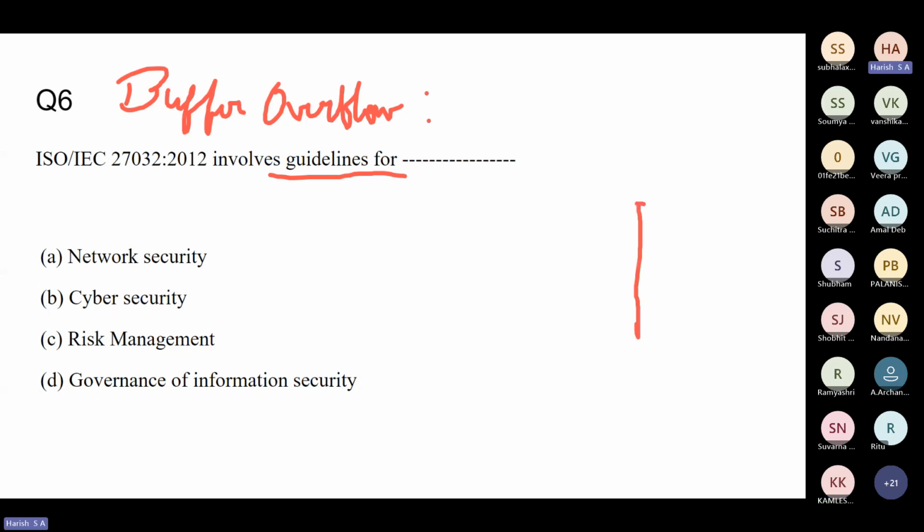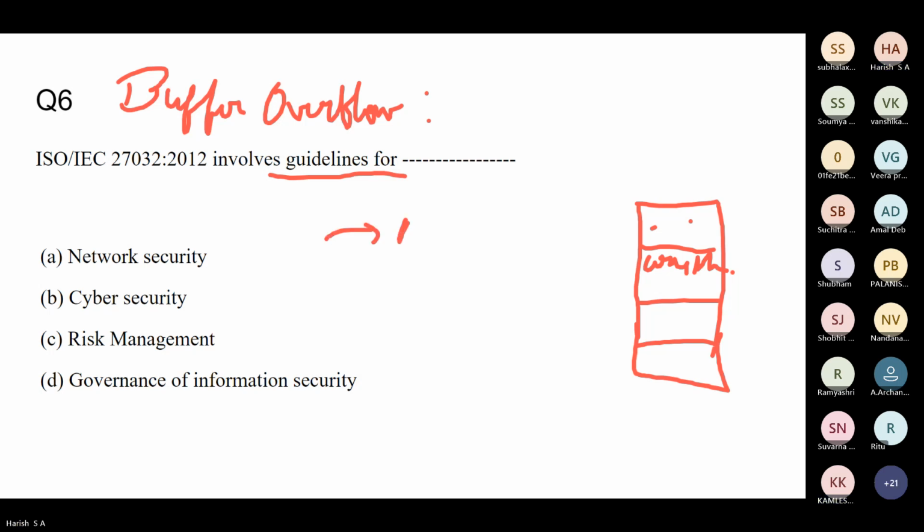The computer memory is divided into multiple chunks. So there is this code block, and there are multiple other blocks. In C or C++, you tend to allocate some memory, right?